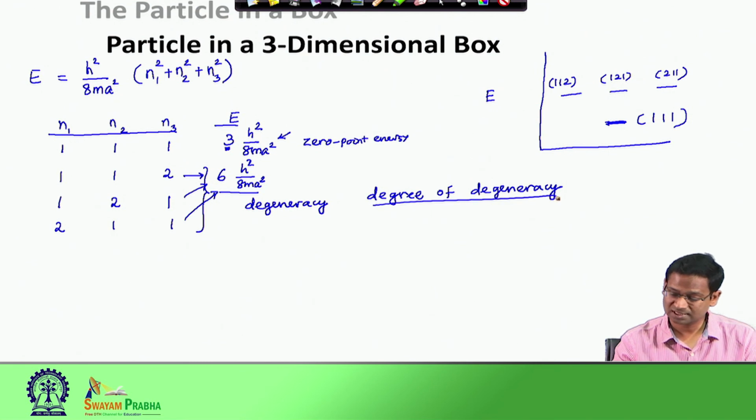So, for the lowest eigenvalue, the degree of degeneracy is 1. For the next eigenvalues, the degree of degeneracy is 3, because there exist 3 linearly independent eigenfunctions that have the same energy.